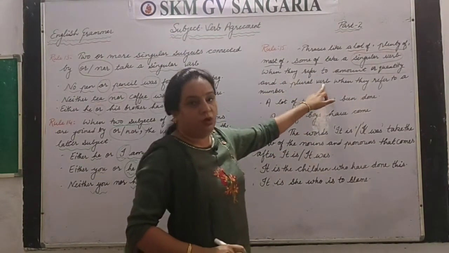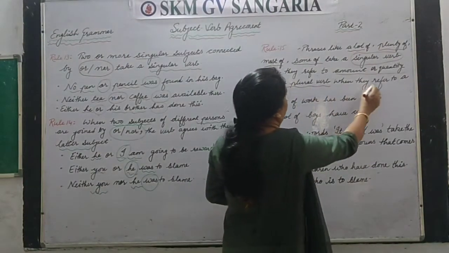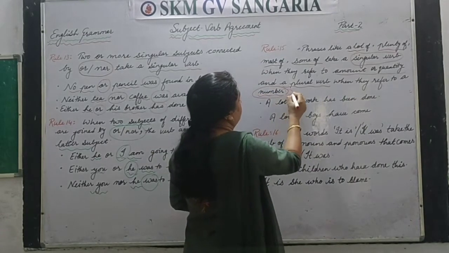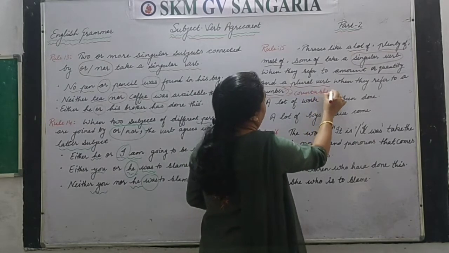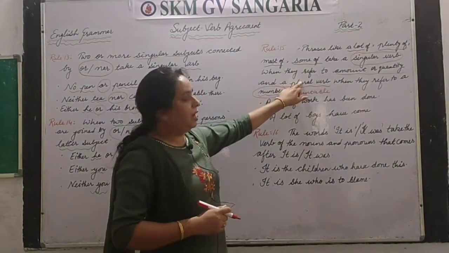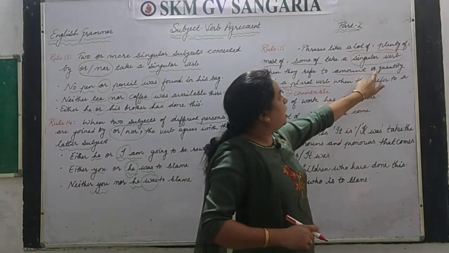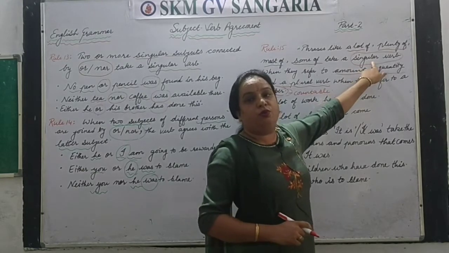And a plural verb, once again, a plural verb when they refer to a number. So when they are used as countable, there they have to use plural verb with that. But when they are used as uncountable nouns, they have to take singular verb with that.